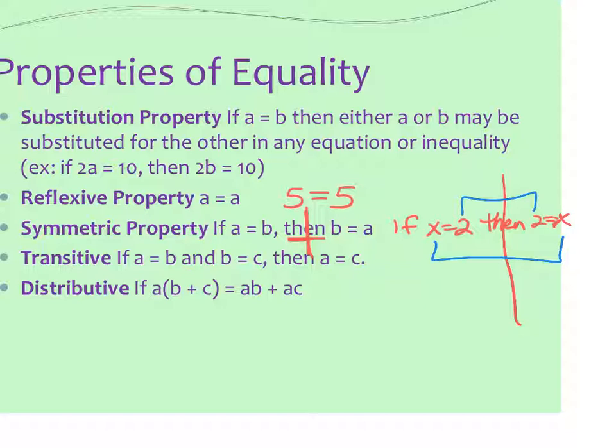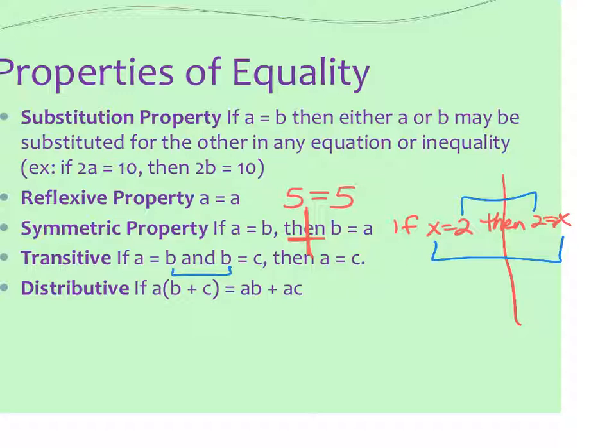The transitive property is like the law of syllogism that we saw and we took on the quiz yesterday. So notice we've got an overlap here of my b's. So if A equals B and B equals C, then I can conclude that A equals C. And then the last property is the distributive property.